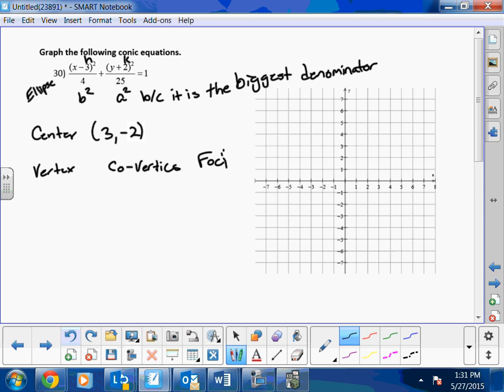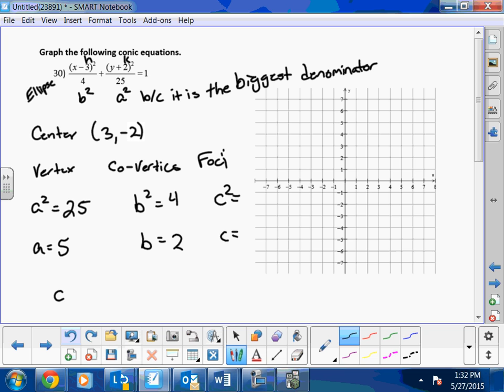So there's typically three things we have to know. What is a squared? What is b squared? And what is c squared? And in addition, we have to know what a, b, and c are. This is going to help us a lot in graphing the ellipse. So in this case, a squared is equal to 25, which means a is 5. b squared is equal to 4, b is 2.